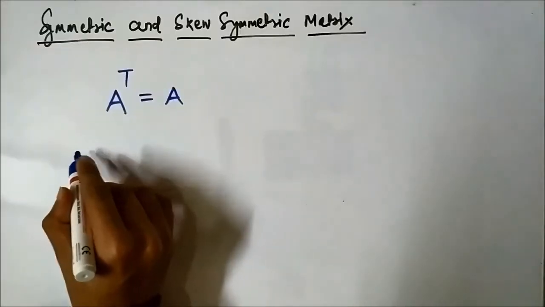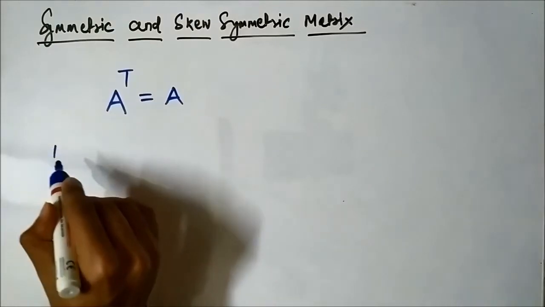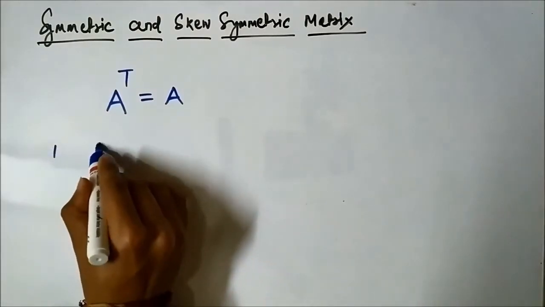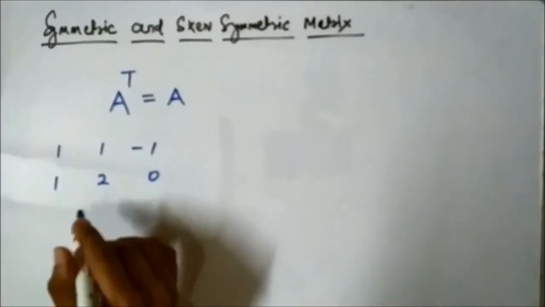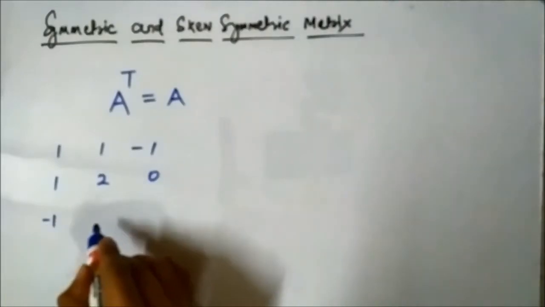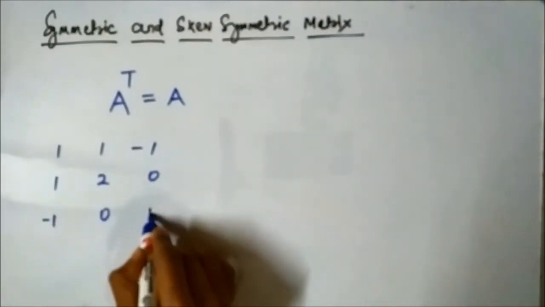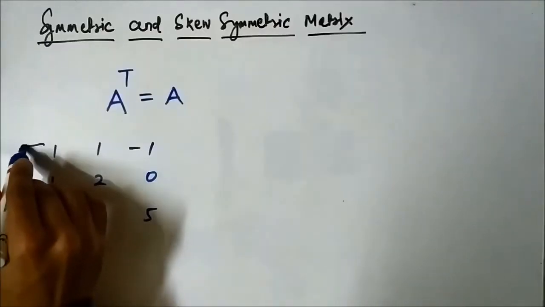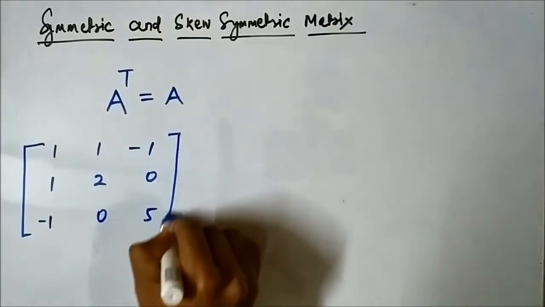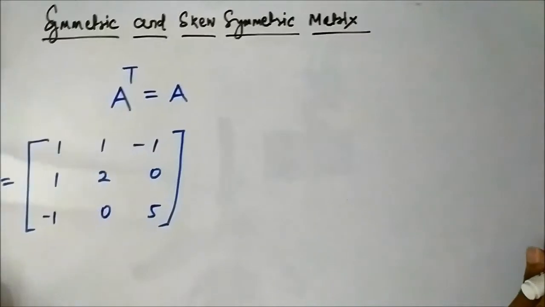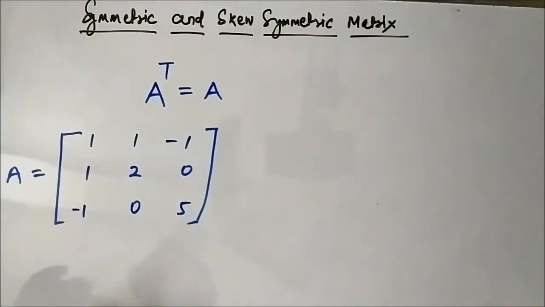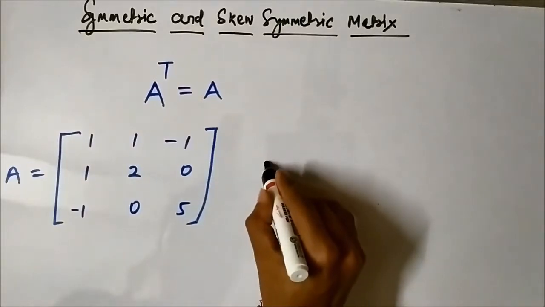Let us say this matrix: 1, minus 1, 1, 2, 0, minus 1, 0, 5. This is matrix A. Suppose now we calculate its transpose.